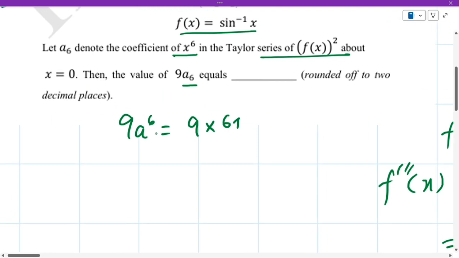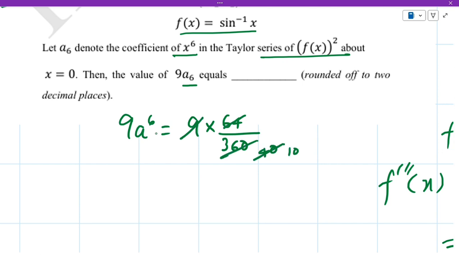We can cancel out by 8 also: 8 fives are 40, 8 eights are 64. Dividing, the final answer is 1.60. 1.60 is your final answer. I hope you got my point. If you have any doubt, you can comment in the comment box.